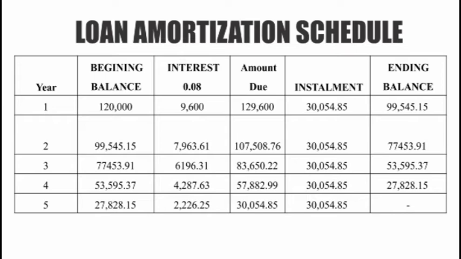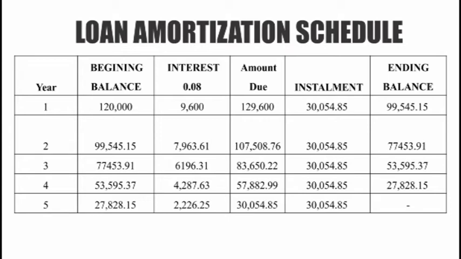You deduct again the same installment amount from this 107,508.76, and that gives you the ending balance of 77,453.91, and that becomes the beginning balance for year three. Then you apply the same principle throughout.